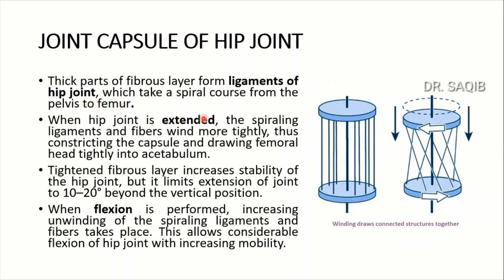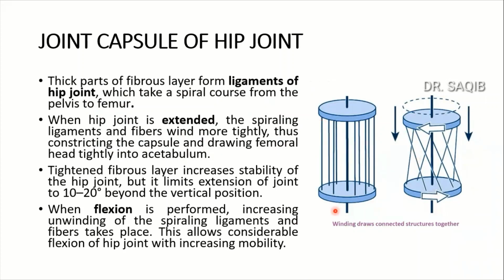When the hip joint is extended, the spiraling ligaments and fibers wind more tightly, thus constricting the capsule and drawing the femoral head tightly into the acetabulum. This is the winding of these ligaments in extension, and it draws connected structures together.